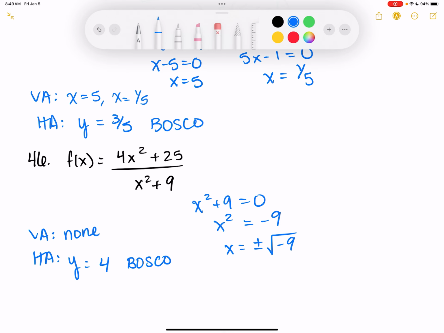Bosco, what's up? Bobo, Bosco, Botno. Botno. Bigger.